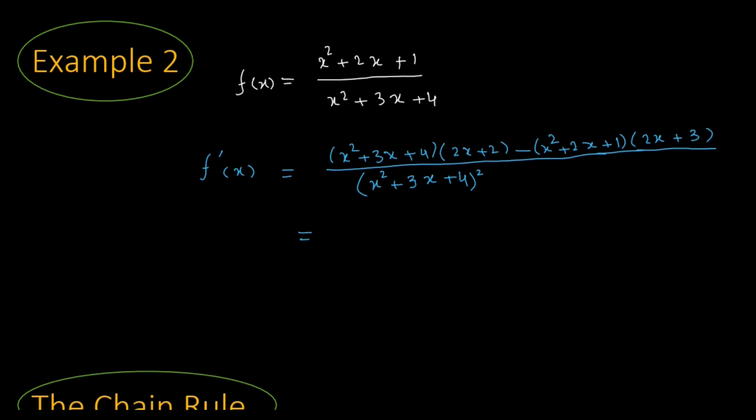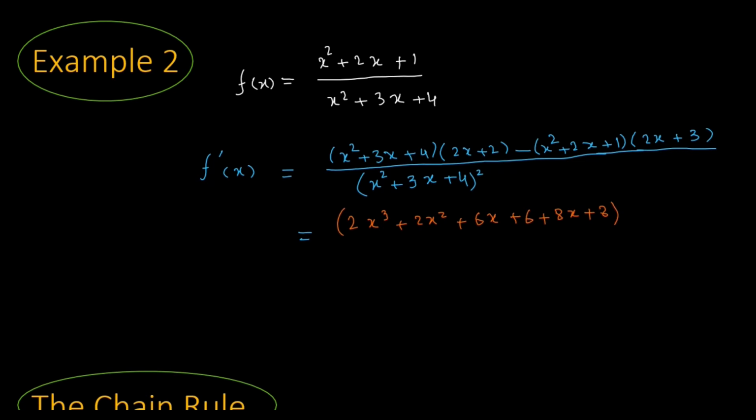Multiply x square with 2x, it will be 2x cube, plus 2x square. Now multiply 3x with the 2x plus 2, plus 6x plus 6. In the similar way, multiply 4 with 2x plus 2, it will be 8x plus 8.